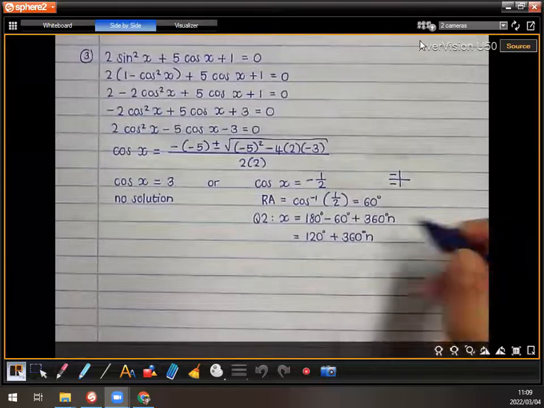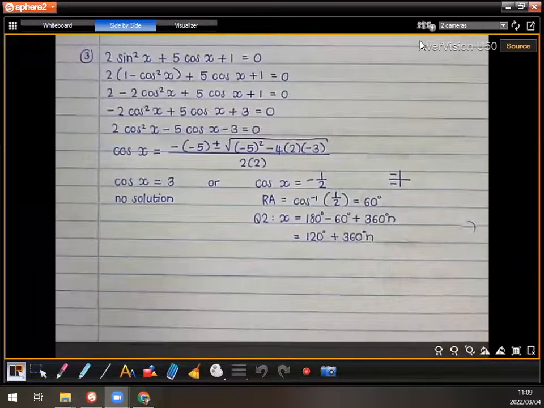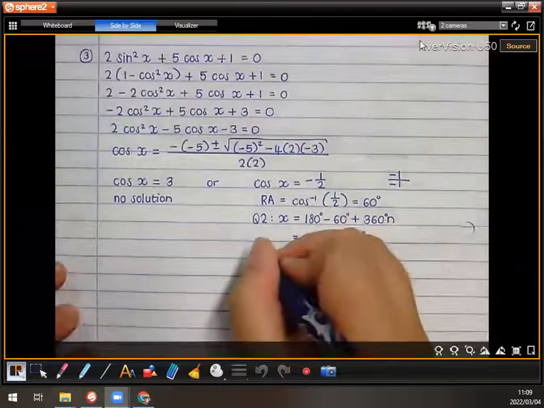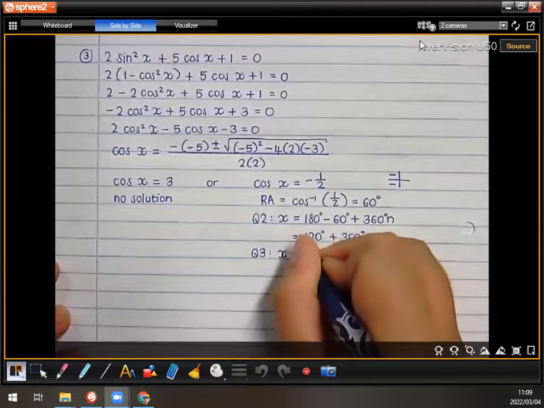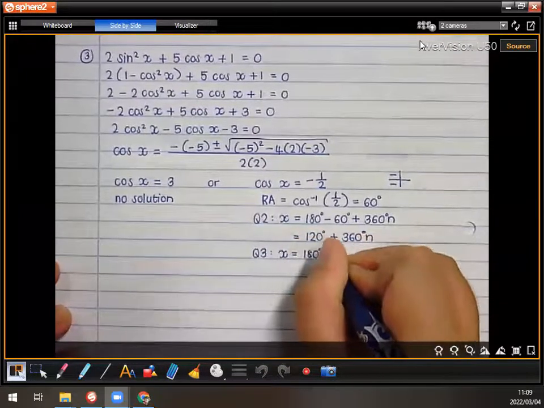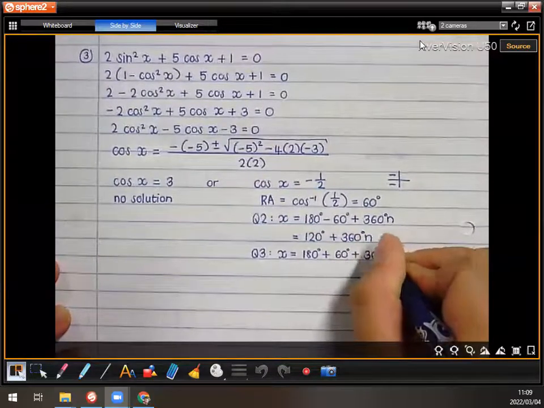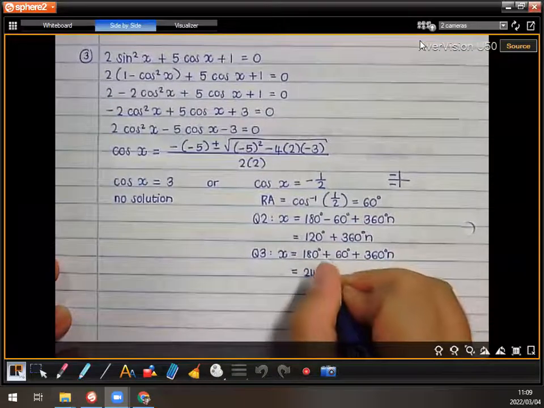They only give a mark for the 120. But when we're doing examples, it is good to write the working down so you remember where that 120 came from. So that's the quadrant 2 solution. Quadrant 3 is 180 plus the reference angle, which is 240.